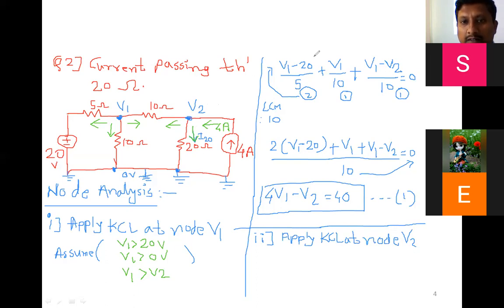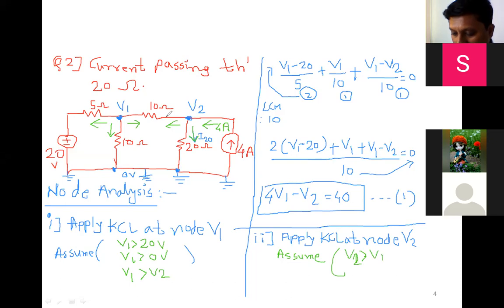Only two assumptions will come, because of this branch and this branch. So assume V1 is greater than V2. Sorry, V2 is greater than V1 for this branch, and for this branch V2 is greater than 0. For the third branch, the current is already given.